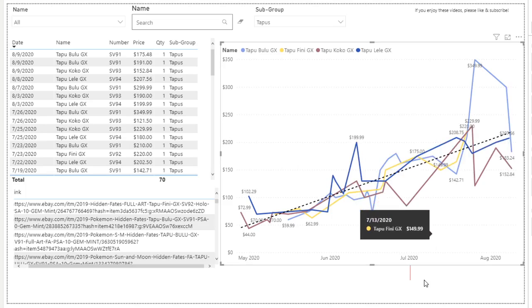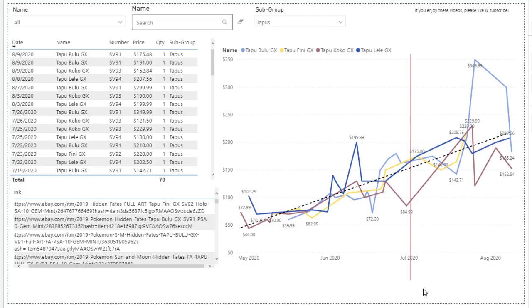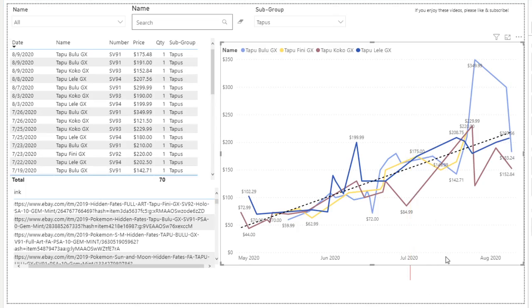I've said this in previous videos that I fully believe that the cards that have the highest population are going to have the closest relationship with the hype of the set itself.